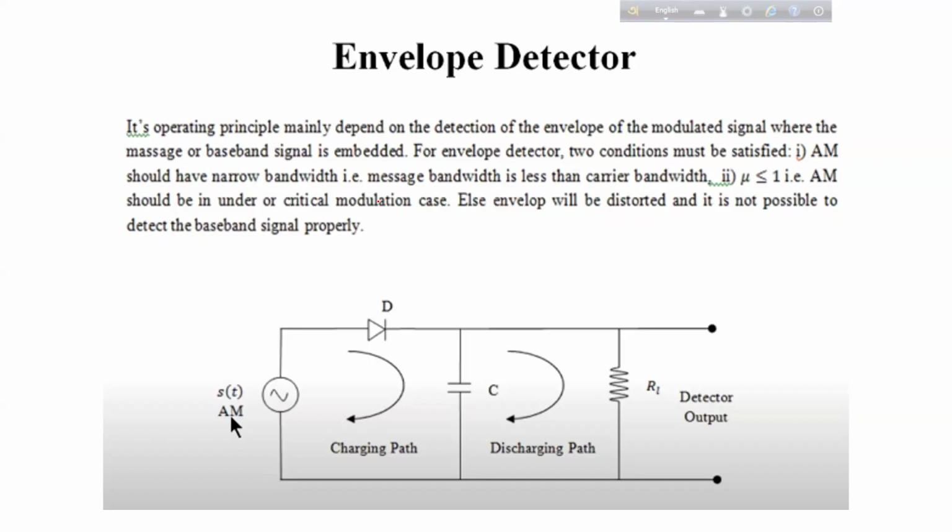Okay, so in envelope detection, this is the circuit diagram of the envelope detector. This is the input port. In the input port, we are sending the modulated signal. What is the modulated signal? Say, for example, double sideband full carrier.